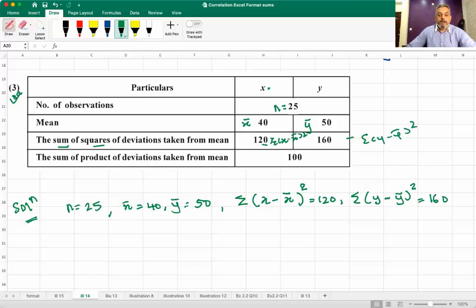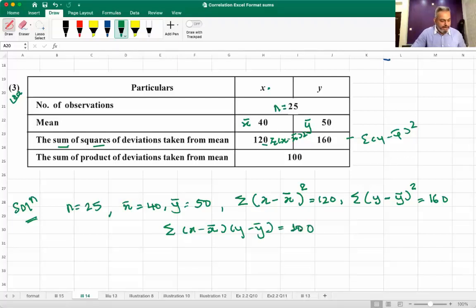Now this statement, the sum of product of deviation taken from the mean. Now pay attention, the sum means sigma of product means multiplication of what, deviation taken from the mean, that is x minus x bar into y minus y bar is equal to 100.